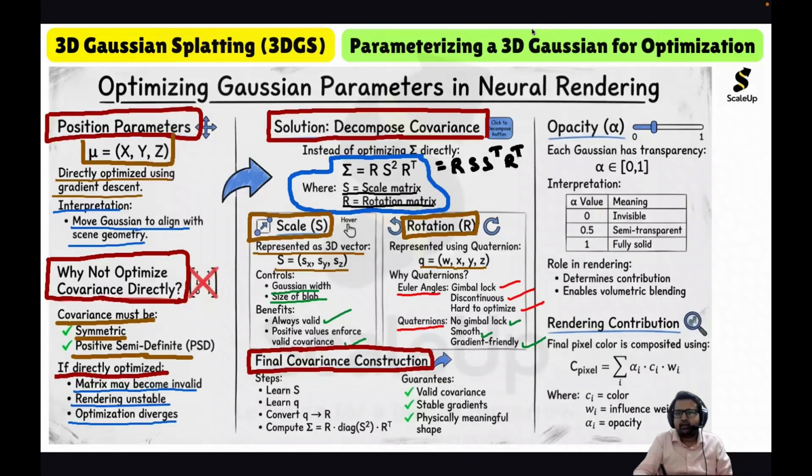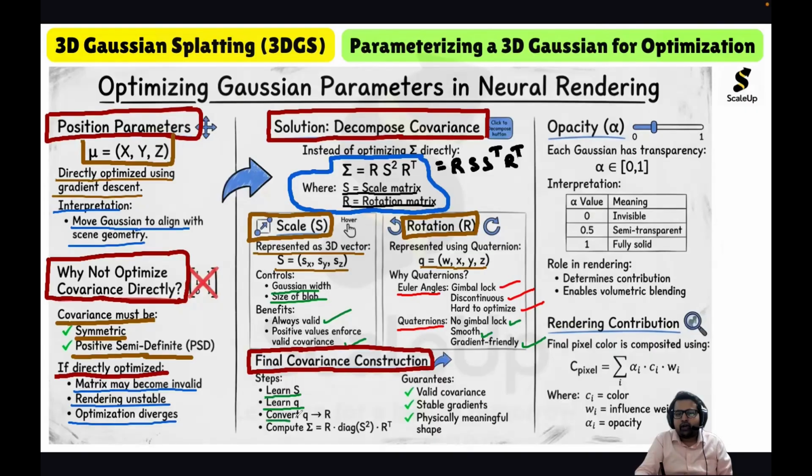Optimization is about learning. Learning means getting those values of S, the scale, which will take the rendered image very close to the real image. So we will learn S, we will learn Q. For optimizing the covariance, we have to learn the scale and the quaternions, that's the angles.